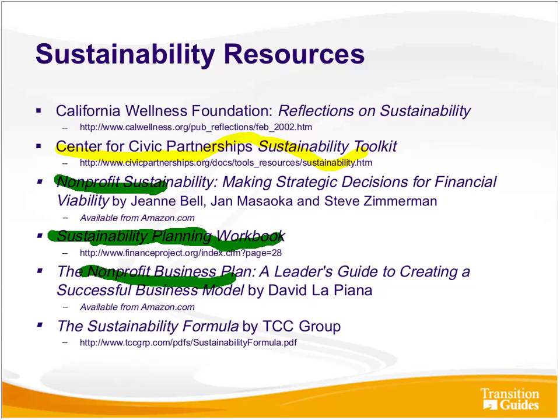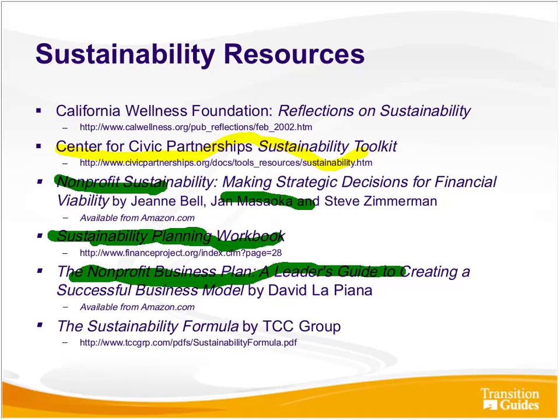This piece here by David LaPiana is a brand new book around nonprofit business plans, and has a slightly different take on it than the Jeannie Bell and Jan Masioka piece. David's background is much more around strategic planning and comes at it from that point of view.